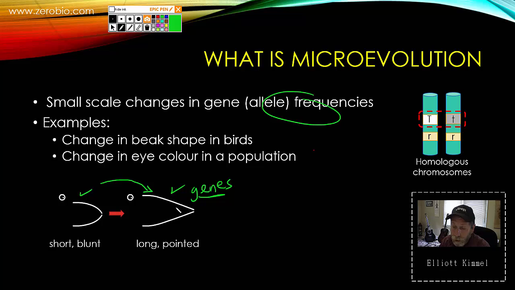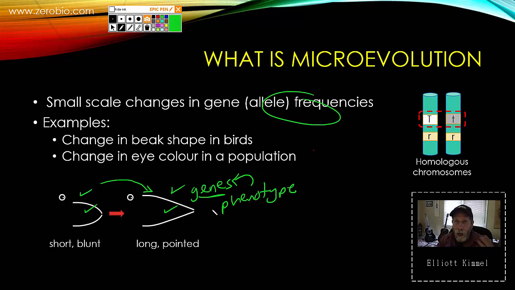Right now, we are looking at a small change in something called phenotype. Phenotype is the expression of your genes. So you have genes for tallness or tongue rolling or eye color or beak length, and the phenotype is what results from those genes. So short blunt beak is a phenotype. Long pointed beak is a phenotype.